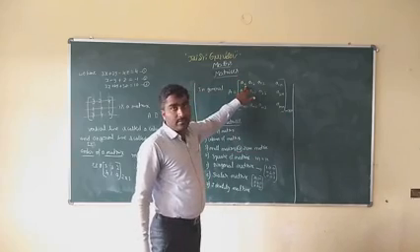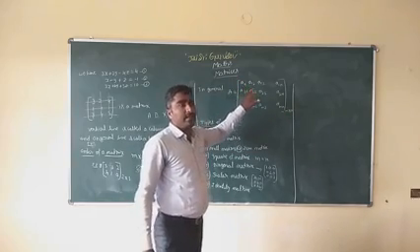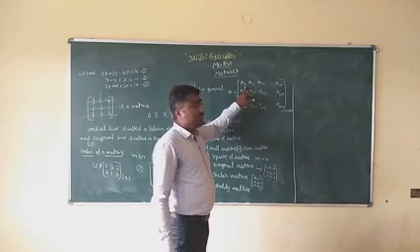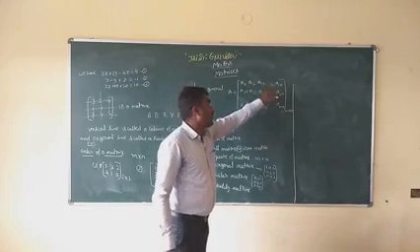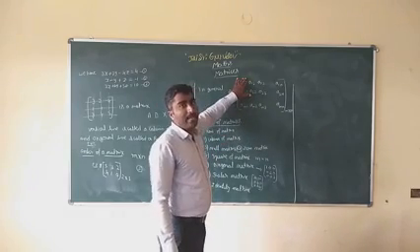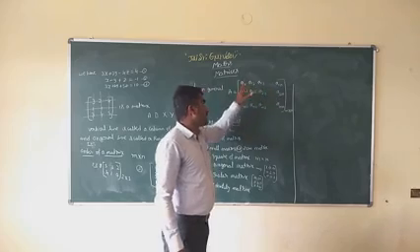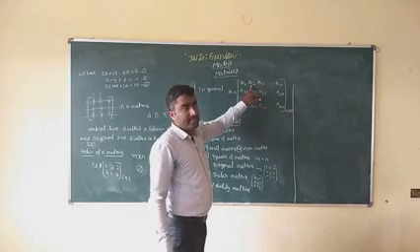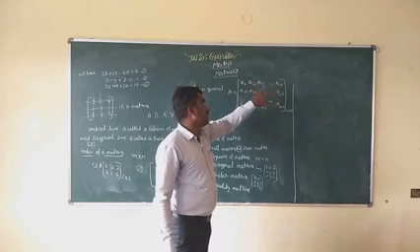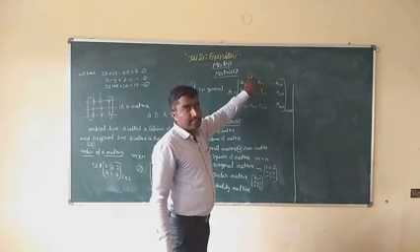A11 is the first element of the first row and first column. A12 is the second element of the first row, second column.